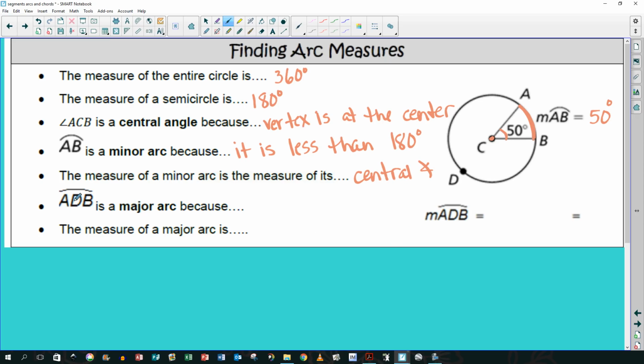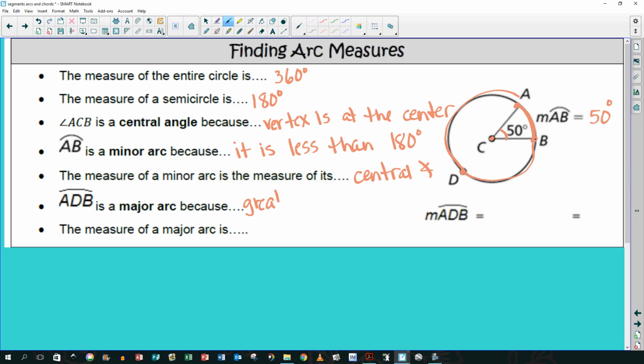Now, ADB is a major arc because it's bigger, like a major problem is a bigger problem. And you have to have 3 letters. The first letter is where you start, the third letter is where you end. The second letter tells you the direction to go around the circle. So you're going to go from A around to D, then around to B. And this is major because it's greater than 180 degrees.